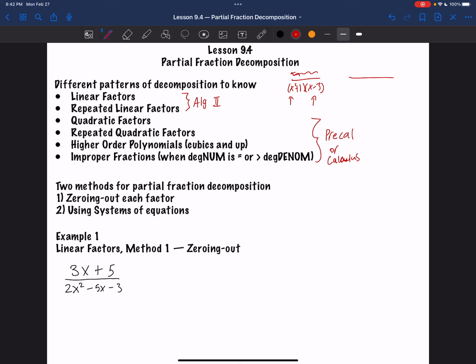Quadratic factors look like this. Let's say I have x squared minus 7, and then x plus 1. X squared minus 7, that's your quadratic factor. X plus 1, that's your linear factor. And then sometimes you can keep going. You don't have to just stop at quadratics. You can do cubics and so forth. And there's a specific rule or pattern to learn with those.